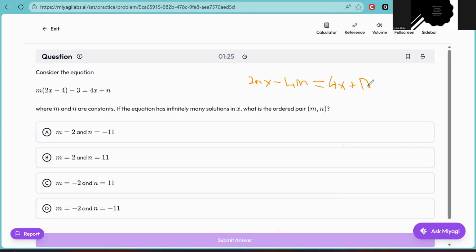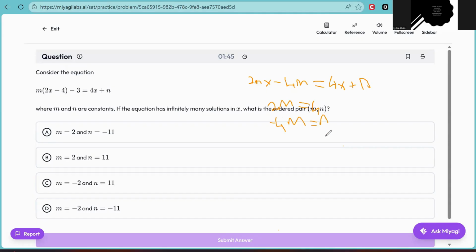Now we want to set the coefficients equal. So 2m equals 4, and negative 4m equals m.